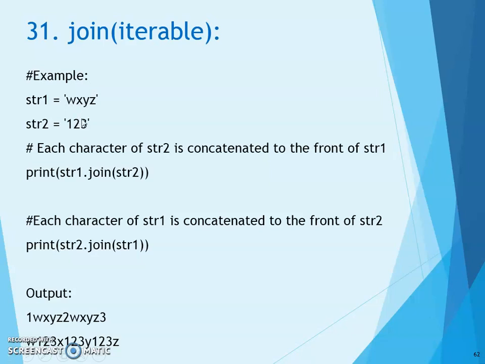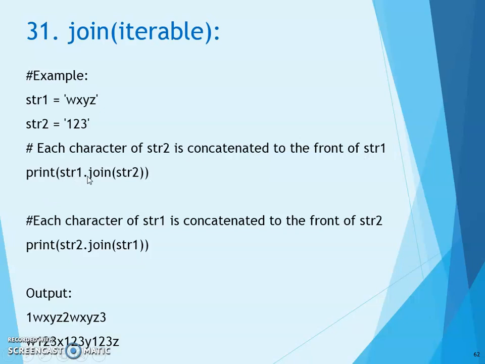Now 2 strings are given here and we want to join them. In this example, each character of str2, which is mentioned in brackets, is concatenated to the front side of str1.